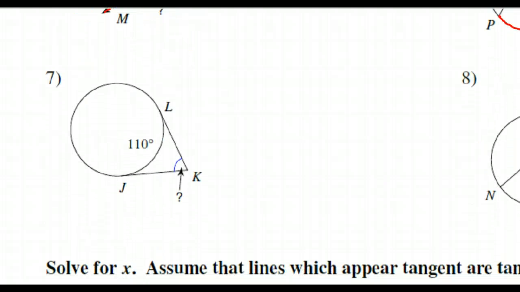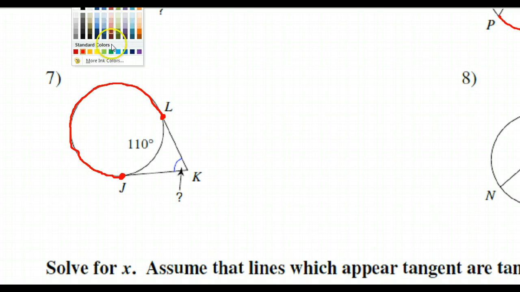Let's see about number 7. Alright, this is back to easiness. Again, it's all about the point of tangency, because that is where the big arc stops and the small arc begins. So this is the big arc. That major arc right there.